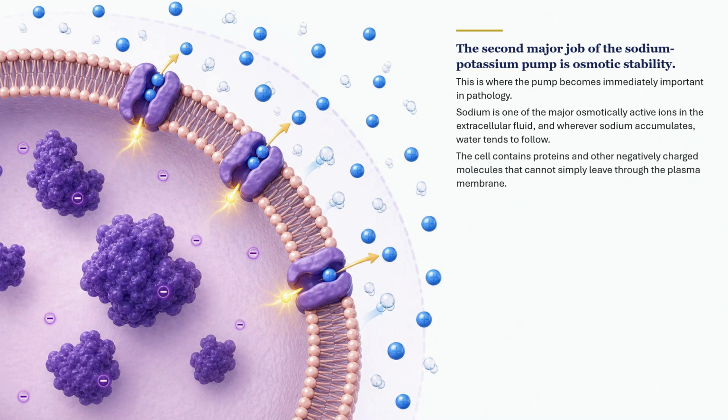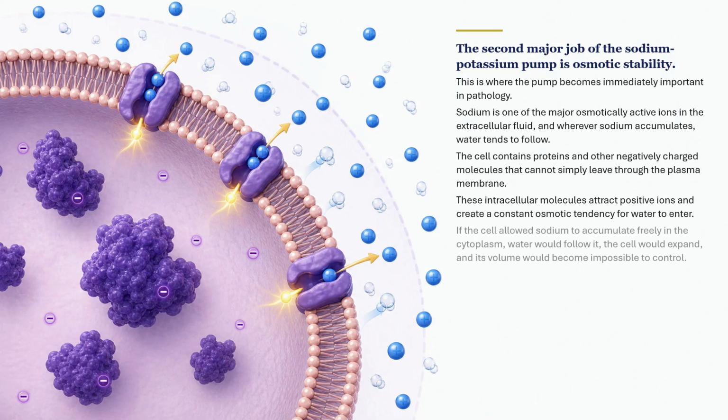The cell contains proteins and other negatively charged molecules that cannot simply leave through the plasma membrane. These intracellular molecules attract positive ions and create a constant osmotic tendency for water to enter. If the cell allowed sodium to accumulate freely in the cytoplasm, water would follow it, the cell would expand, and its volume would become impossible to control.